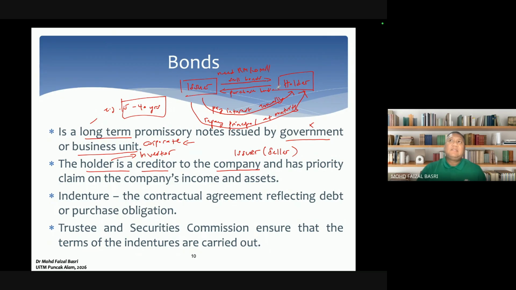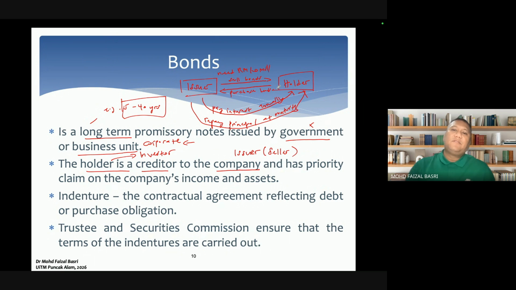Cuma beza dia kalau kita imagine the normal loans, bila kita pinjam principal and then the bank akan kira the principal plus the profits ataupun interest, and then kita akan bayar installment setiap bulan kan ataupun setiap tahun. So kita akan divide lah based on the number of months. So the amount yang kita bayar setiap installment tu consists of both principal and interest.